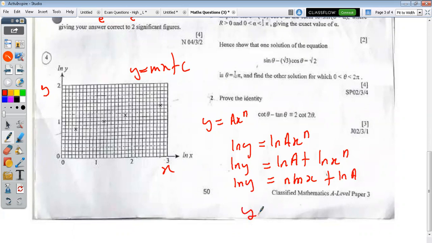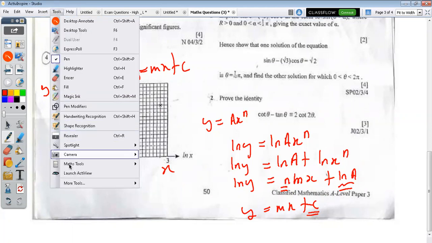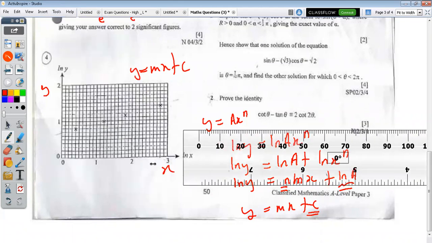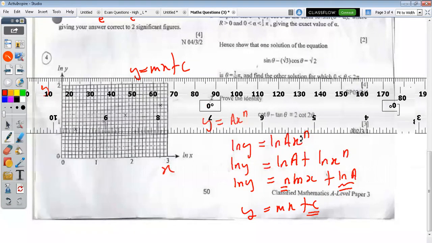If you compare with your equation, y is equal to mx plus c: if you remember, c is where the line is cutting, this is the y-intercept here. And the gradient of this line, which means if I connect my points, the gradient of that line is n. So I want to use this graph. I'll use the ruler because I want to find the y-intercept. I connect my points. Then I also find the gradient.